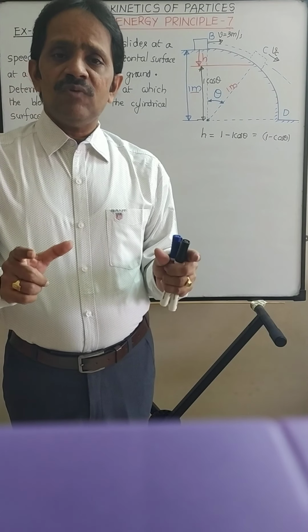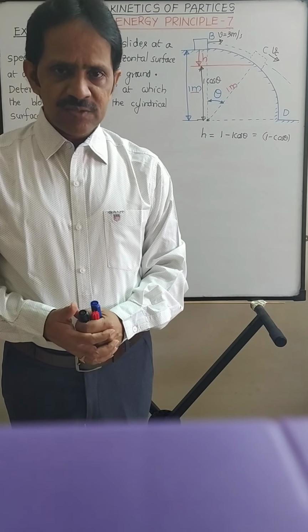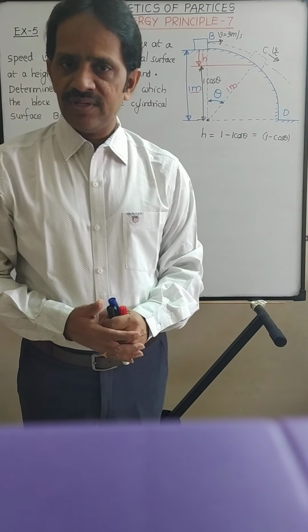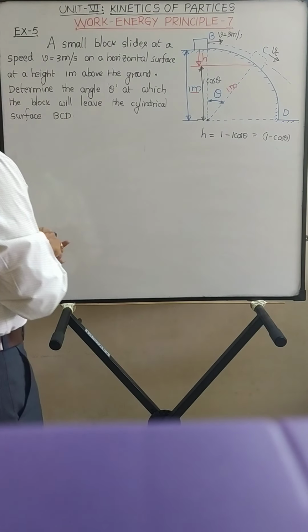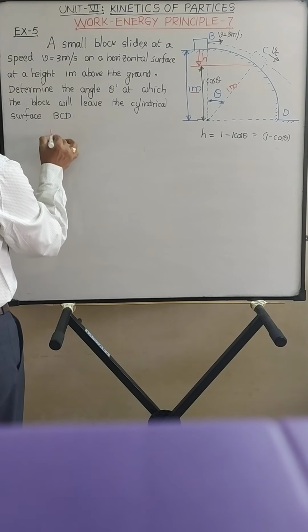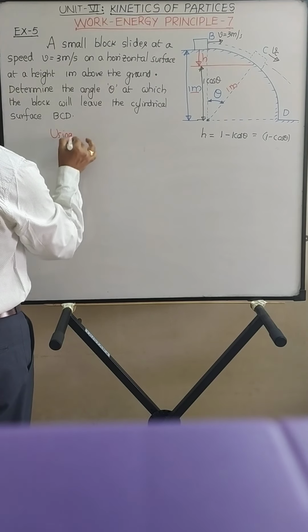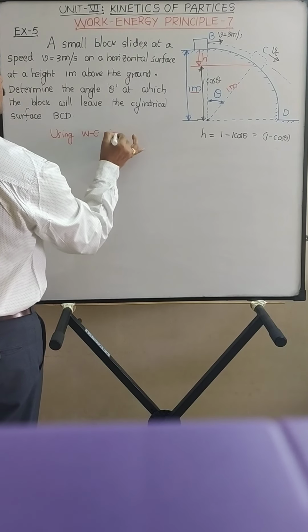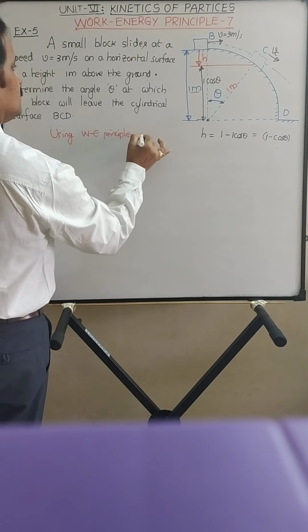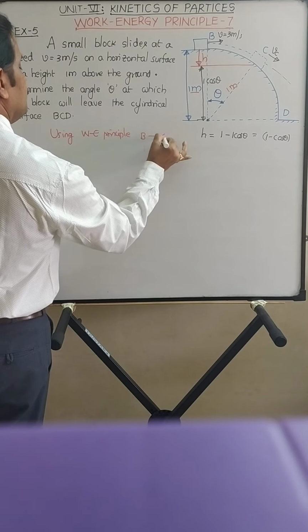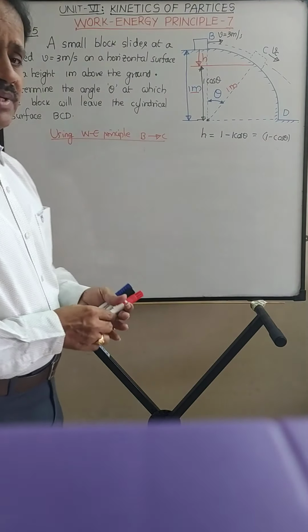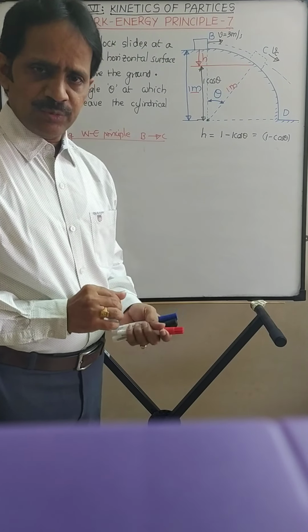If the problem is involving velocities and displacement, it is convenient to use work energy principle, right? So using work energy principle for the block from point B to C. When I am saying B to C, B is the initial position, C is the final position.